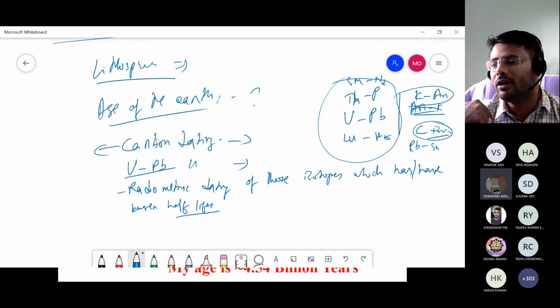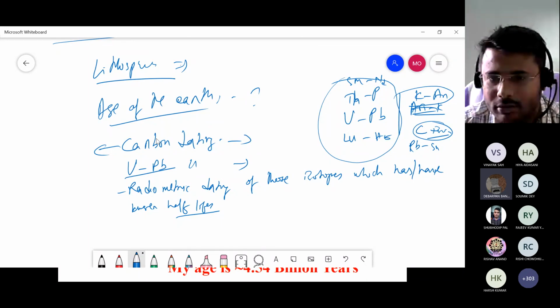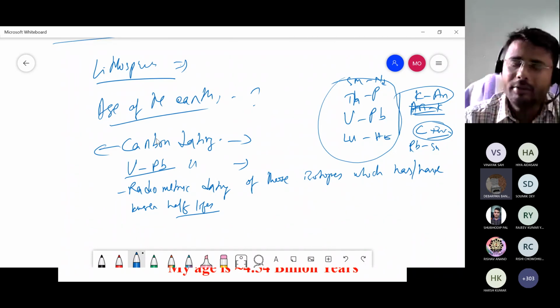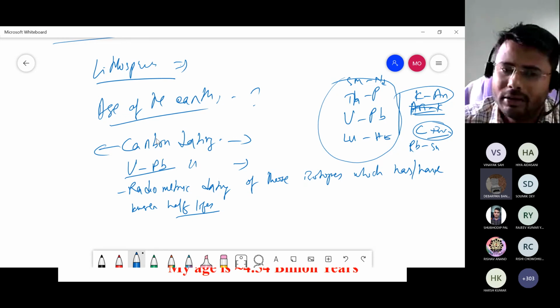The carbon present in our body is organic carbon. The carbon present in graphite and diamond is inorganic carbon.